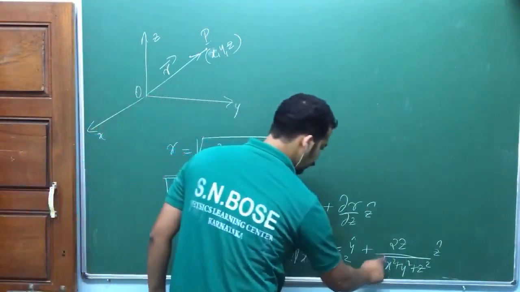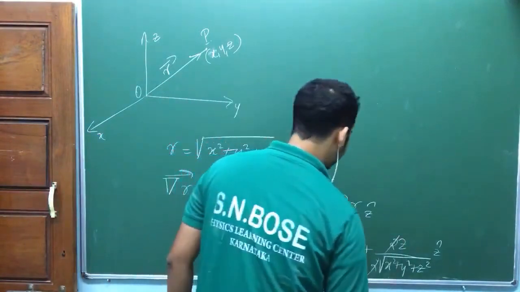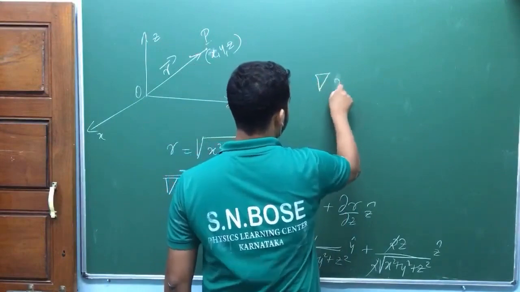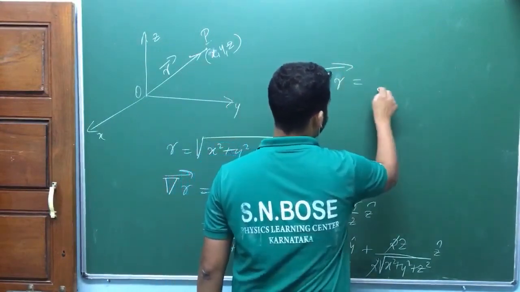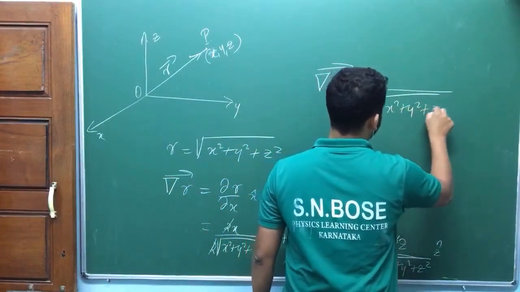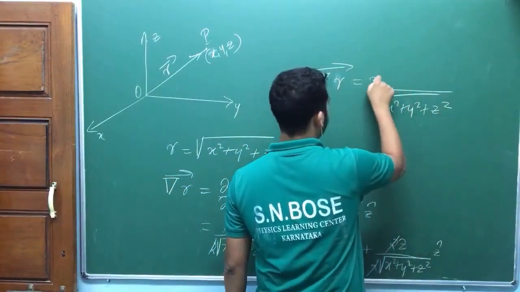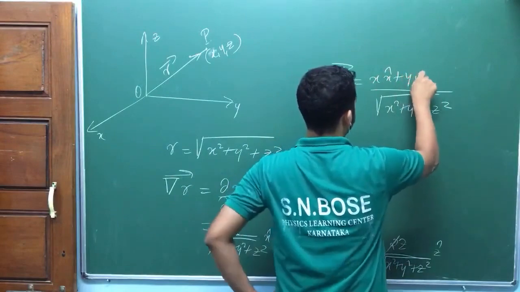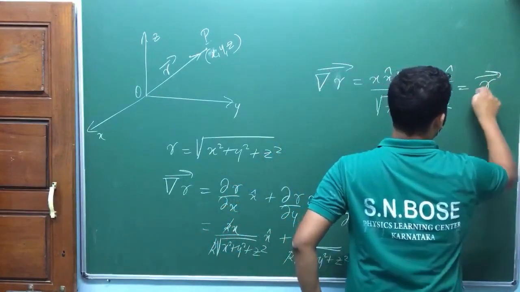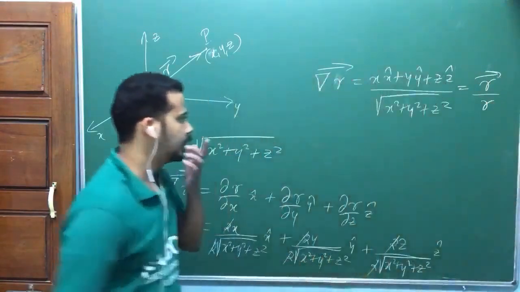2 got cancelled. Look here, del r is equal to, you can take root of x square plus y square plus z square outside, and you will get x into x cap plus y into y cap plus z into z cap. What is this one? R vector. What is this one? Magnitude of r.